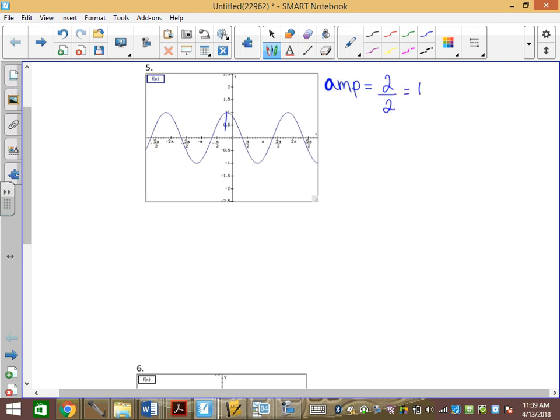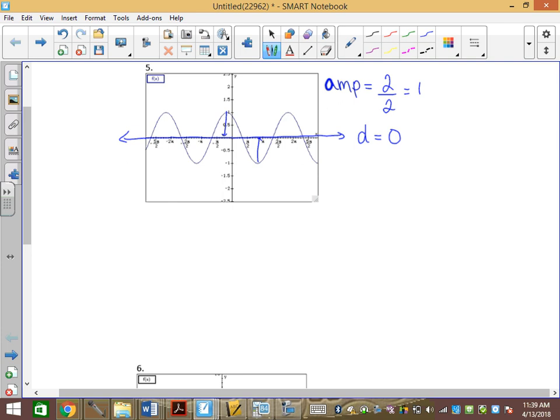So if I count down 1 and I count up 1, they should meet. We agree? Where do they meet? The midline. I have my D. What's my D? Once you have your amplitude, D is really easy to find. You count it down, count it up. Where they meet is D. If they don't meet, you messed up your amplitude.